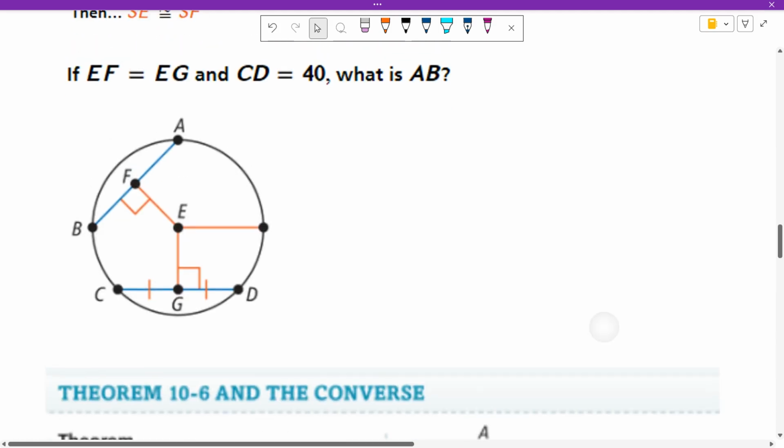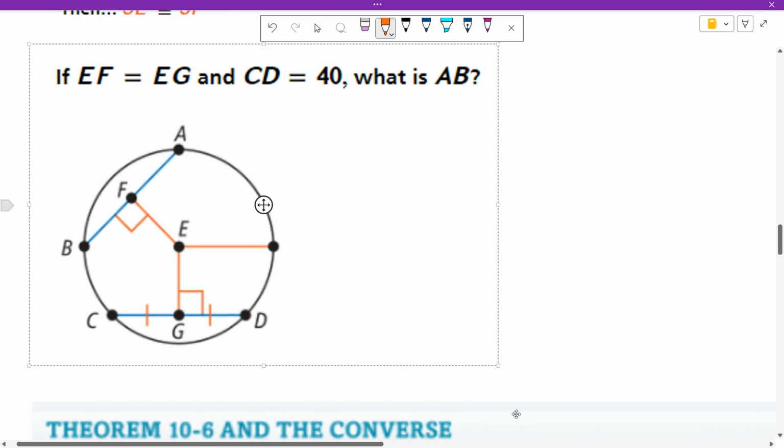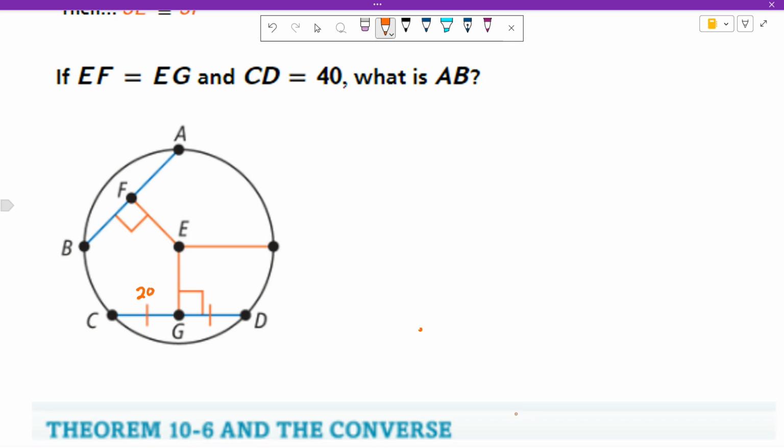All right. So if CD is 40, then how long is CG, do you think? 20. And GD? 20. And how long would BF be, do you think? 20 and 20.